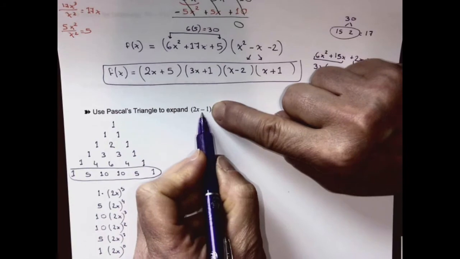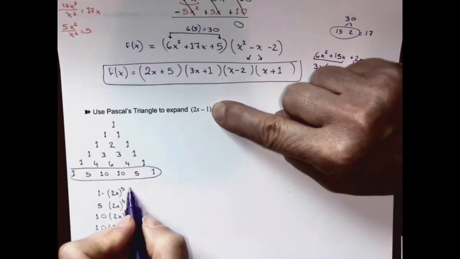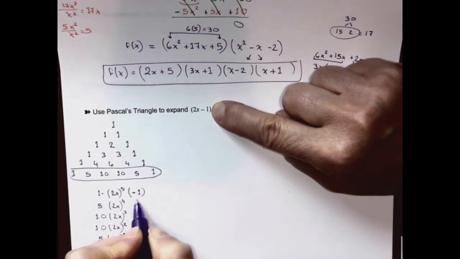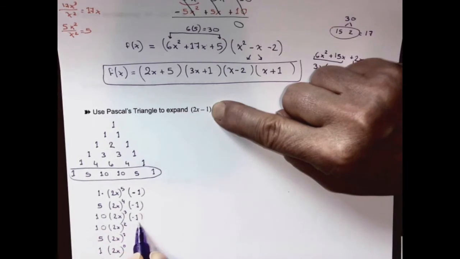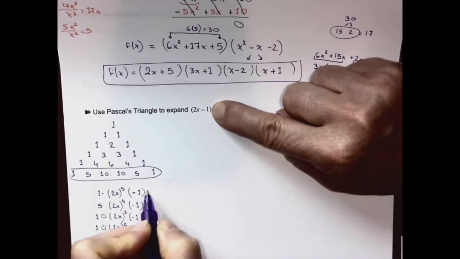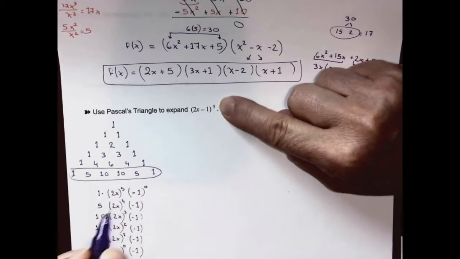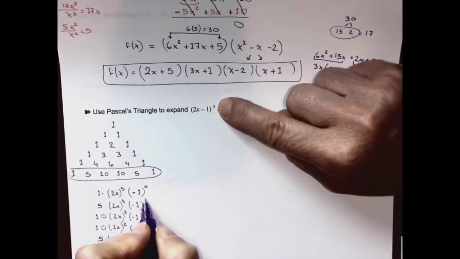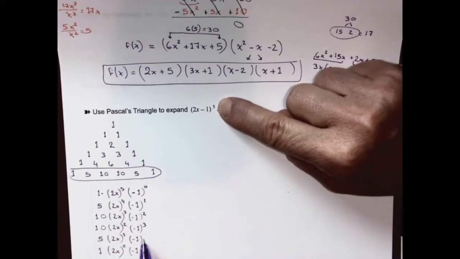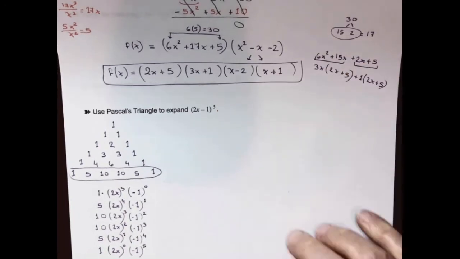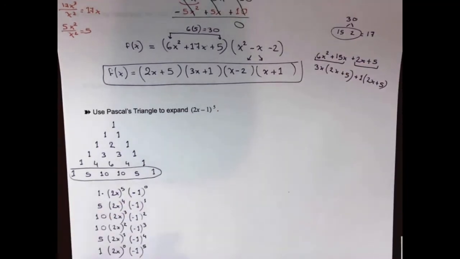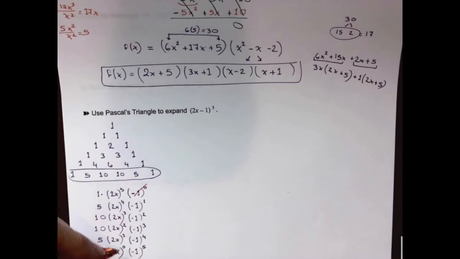Then I need my next term in the binomial, and don't forget that sign there, so that's a negative 1. So now all of those are going to be multiplied by a negative 1. Here I'm starting from 0 and I'm counting up to that exponent. So 0, 1, 2, 3, 4, and 5. Anything to the 0 power just goes to 1. So those are going to 1.